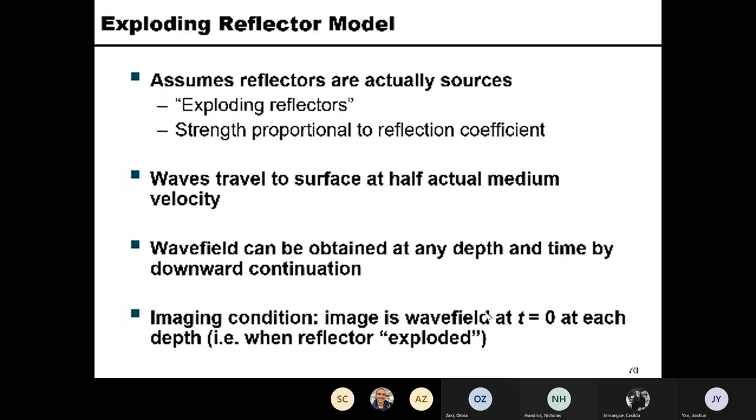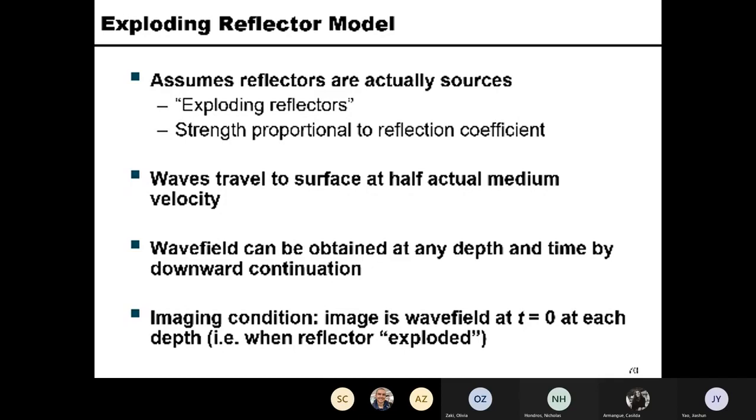And the image condition, this is the image condition, t equals 0. Straightforward, very simple. I will explain why it's called t equals 0. Because t equals 0 means you have a dynamite source at time equals 0. So what you try to image is to go back to the original time. That's why the image condition is t is 0, right?